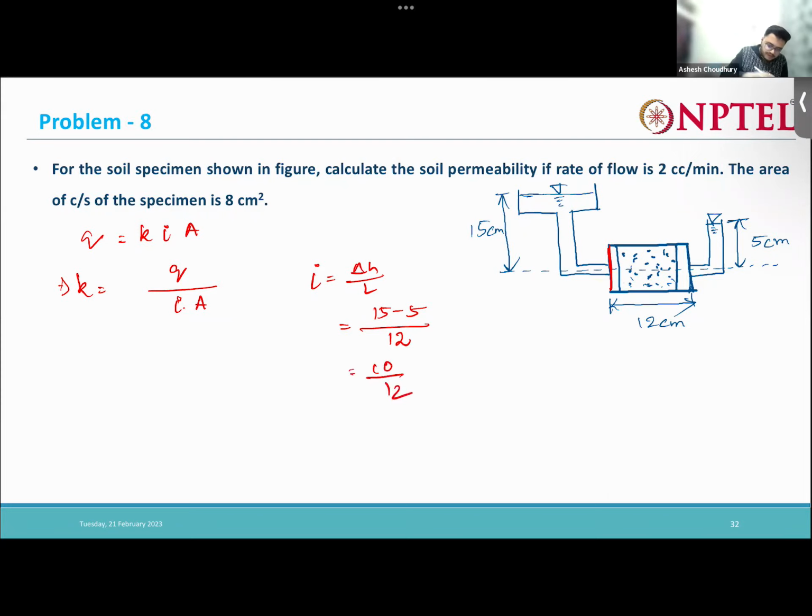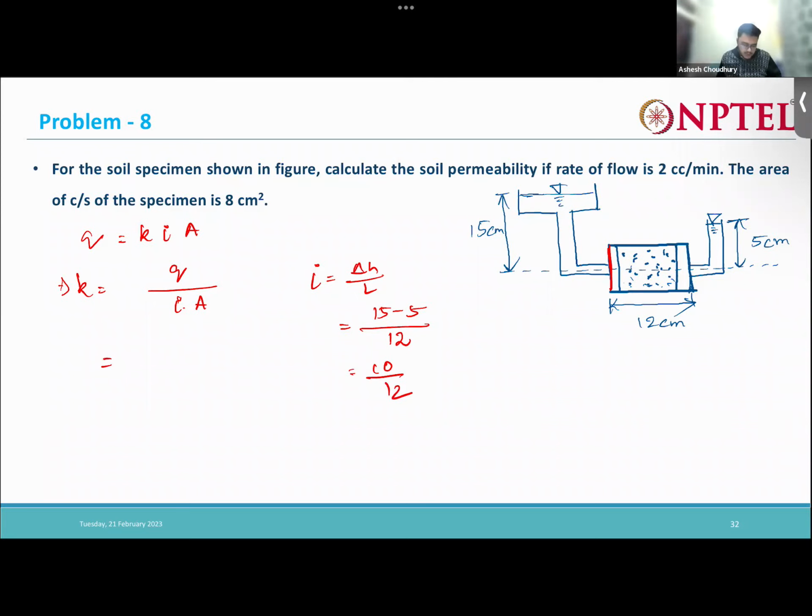Now in this relation, if I put Q as 2 cc per minute, then 2 divided by 10 by 12 into 8. 10 by 12 into 8 comes out to be 0.3 centimeter per minute.